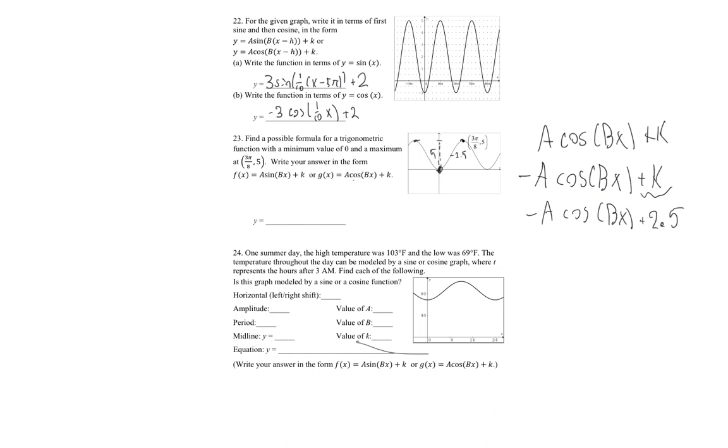And so the distance between our midline and either our max or min is going to be our amplitude. In this case, either way you go, it's 2.5. So it's going to be -2.5 cosine of bx plus 2.5.